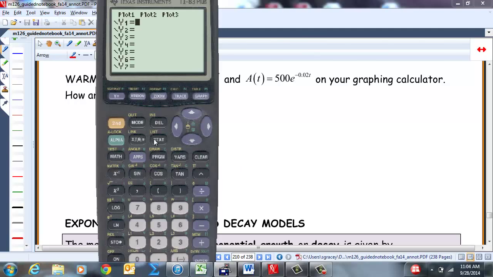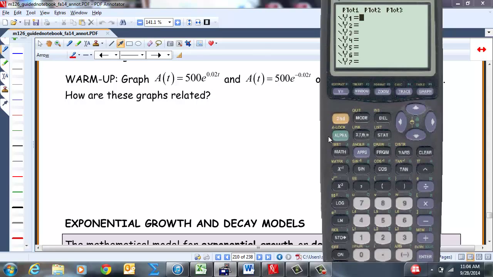Okay, so our first one was 500 times e to the 0.02, and we'll use x instead of t.